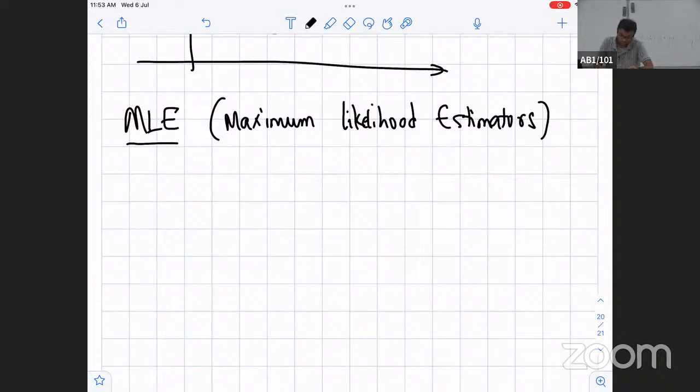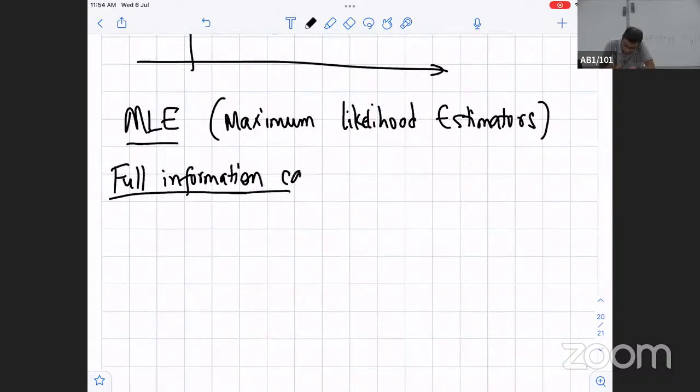We have about half an hour. So Gaussian mixture models is what we are looking at, and we will have to look at it in two different ways. First is the full information case. What is the full information case?